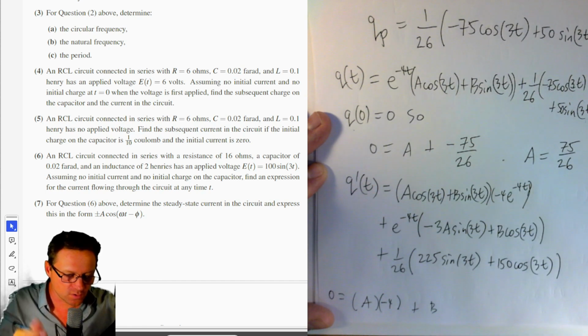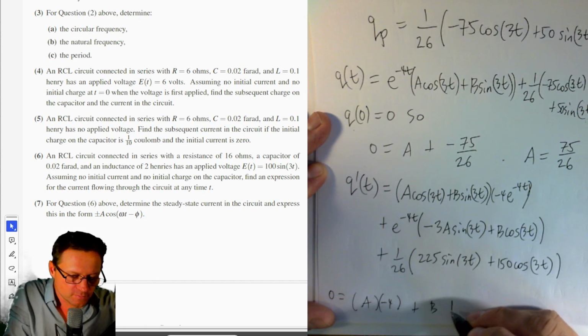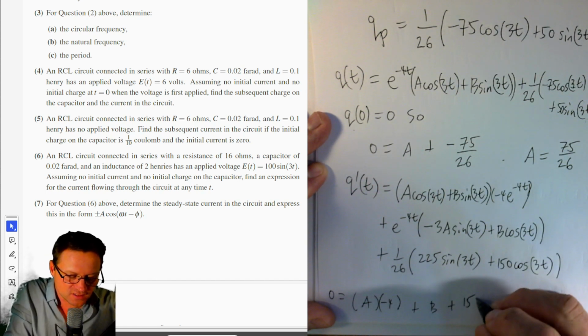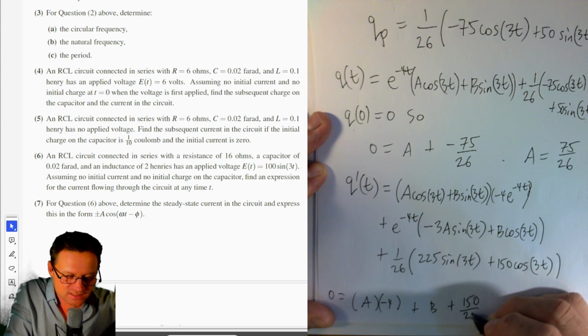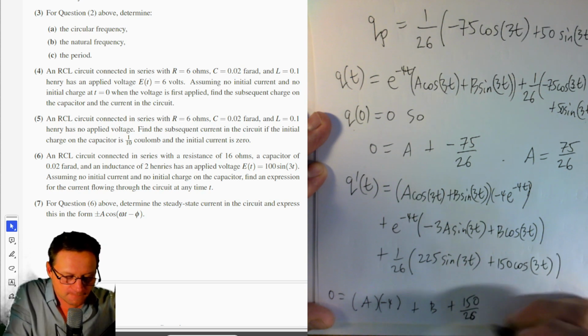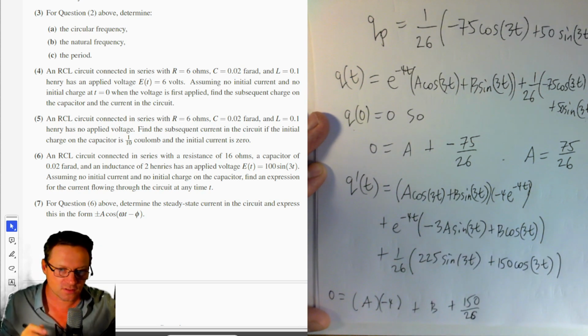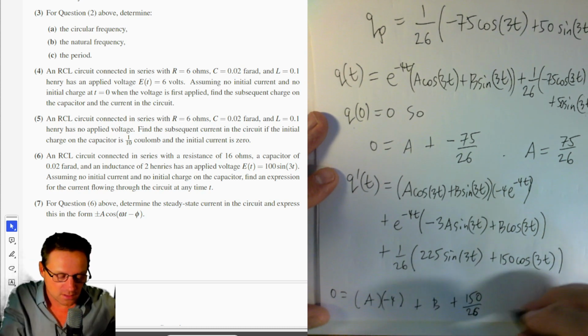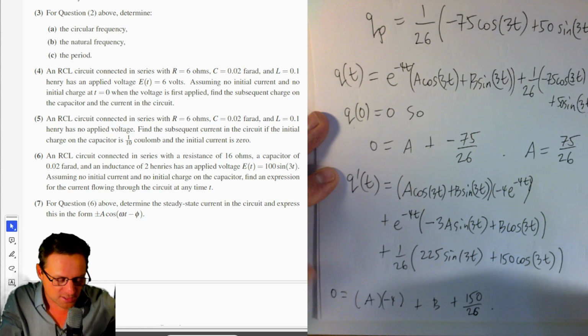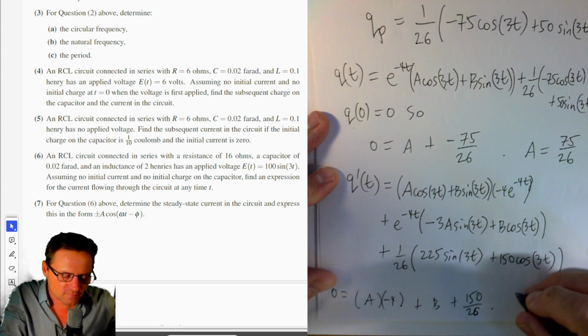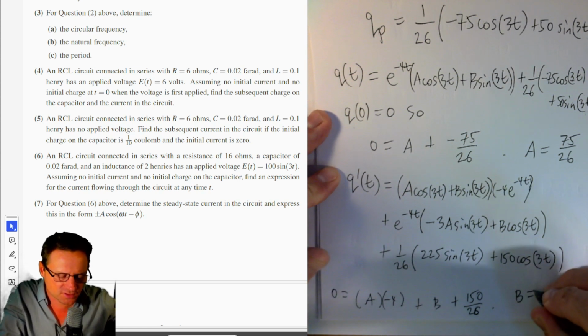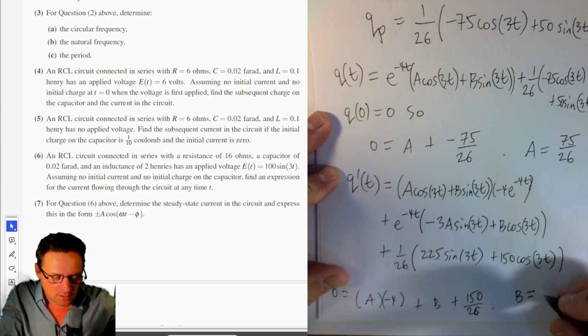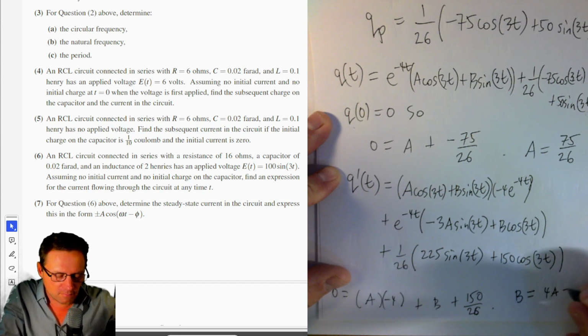And then here we're going to have plus 150 over 26. Okay, so this is equal to 0. And so rearranging this equation, we have b is equal to 4a minus 150 over 26.